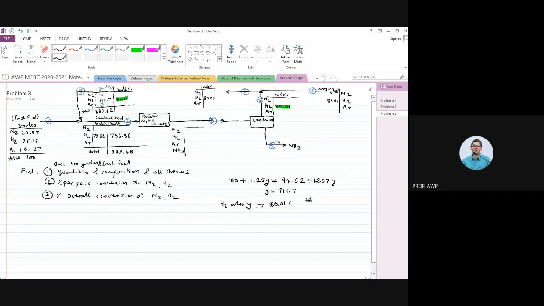So total must be Y divided by 0.8001, that is just 1.25 Y. Hardik, is that okay? Yes, sir.